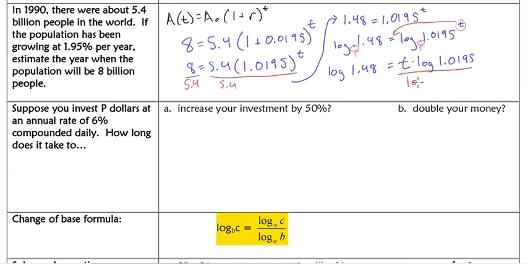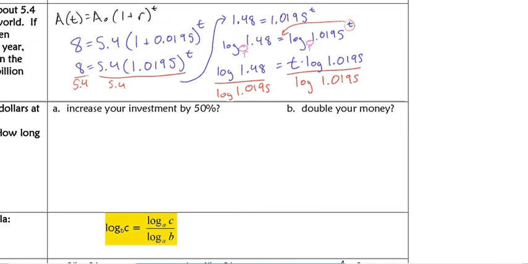I'm going to divide both sides by log base 10 of 1.0195, and that'll give us t is equal to log base 10 of 1.48 divided by log base 10 of 1.0195. And let's go ahead and put this into the calculator and see what we get.